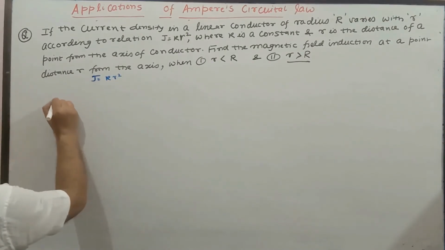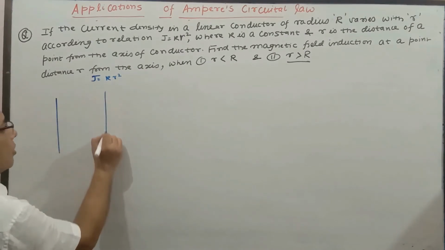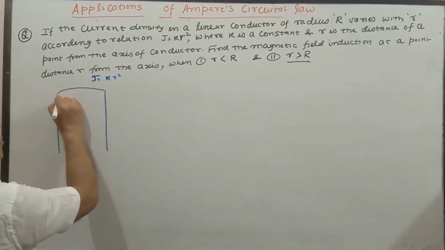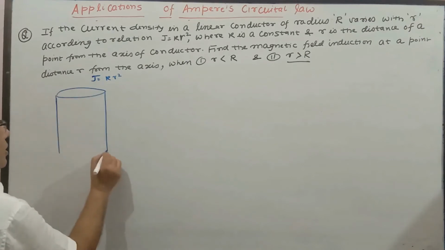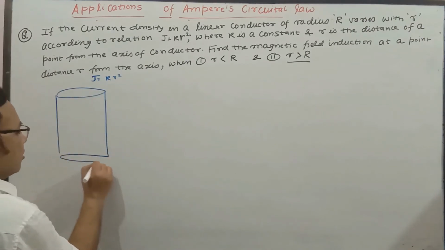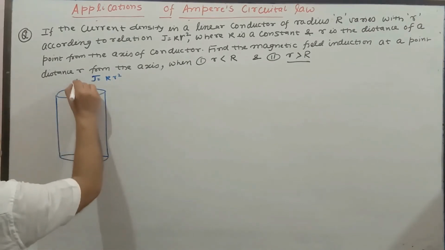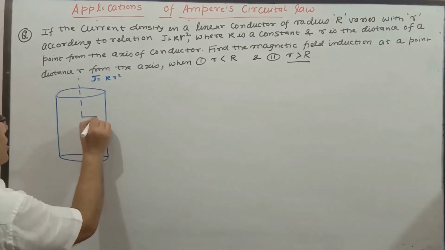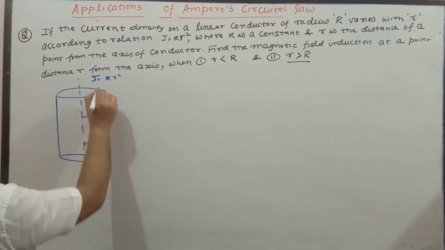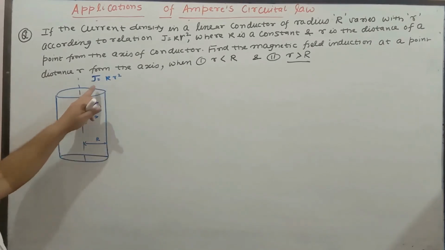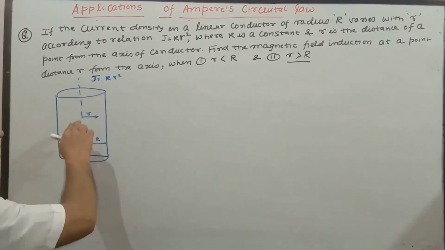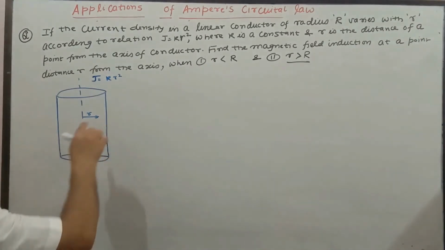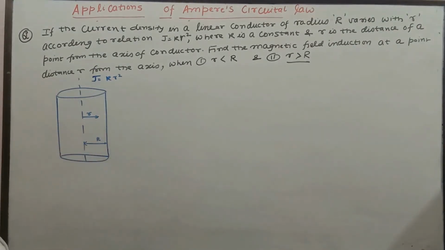We have a cylindrical wire of radius capital R. This is the axis. At a distance small r from here, the value of J is this much. With an increase in r, the value changes up to capital R.